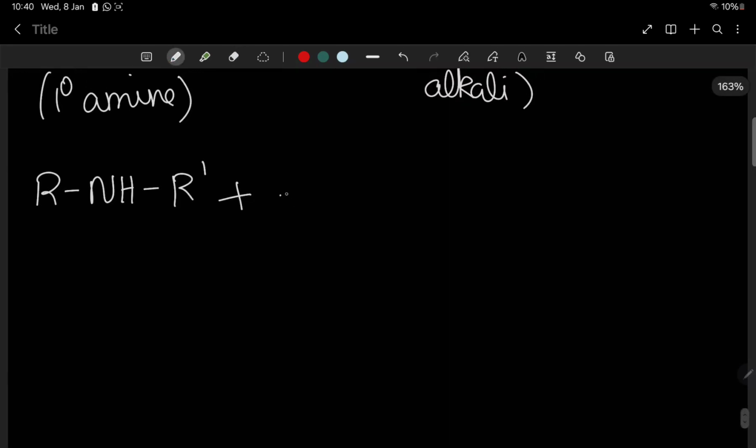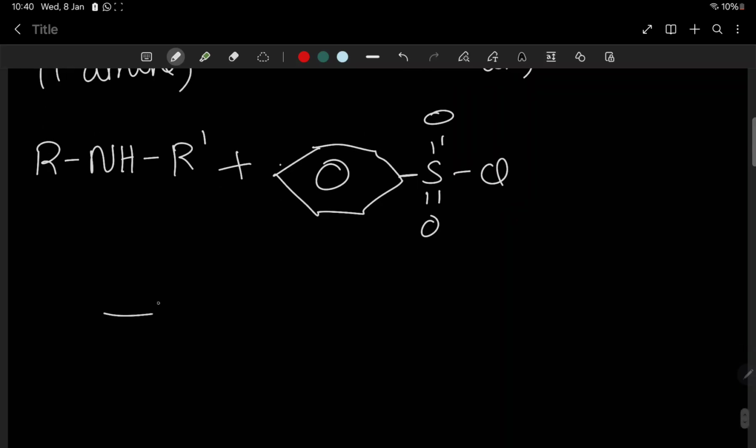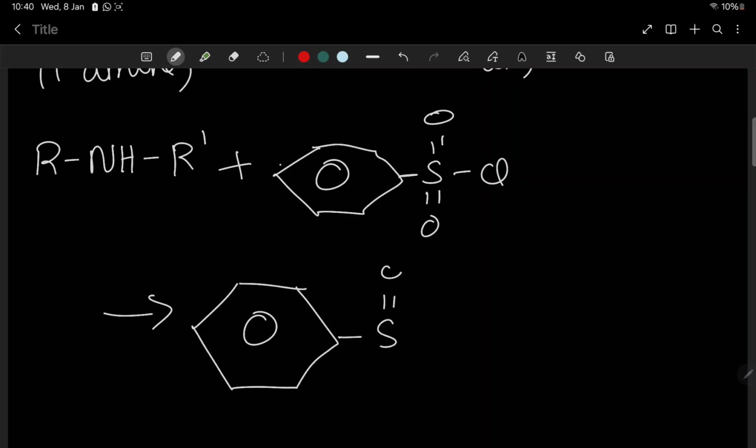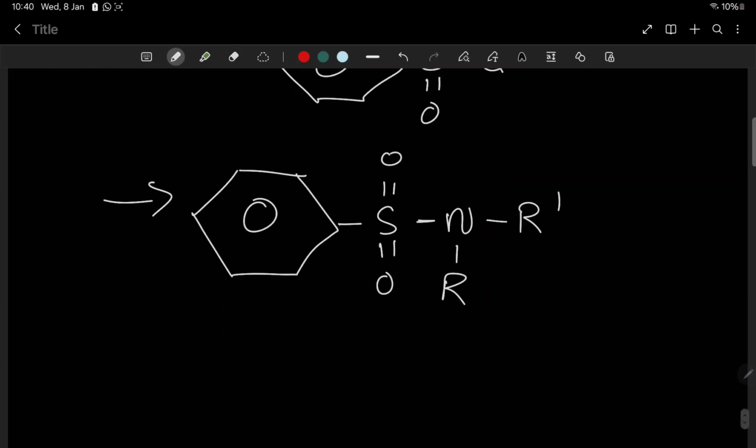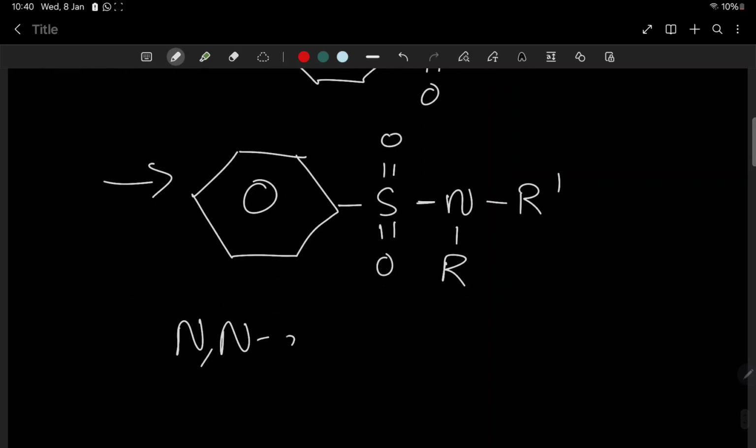Now, if I take a secondary amine, that is NHRR', and add the corresponding Hinsberg reagent, S double bond O Cl, I get the compound with the nitrogen carrying R' and R. This is called N,N-dialkyl benzene sulfonamide.